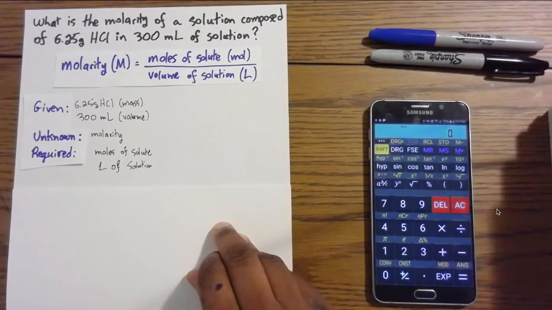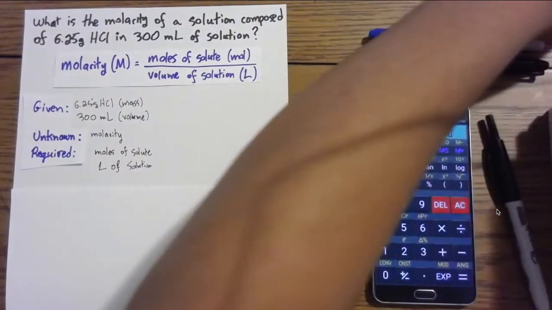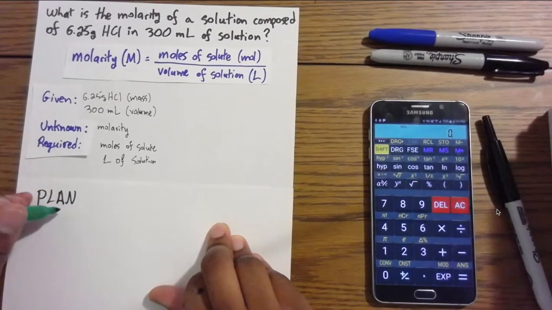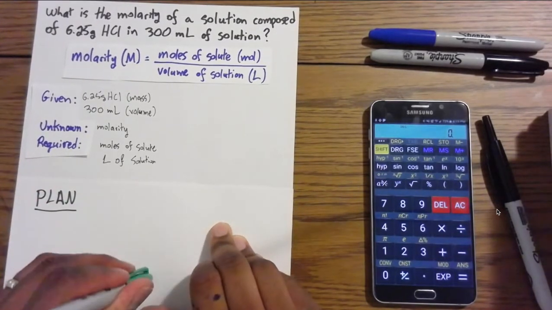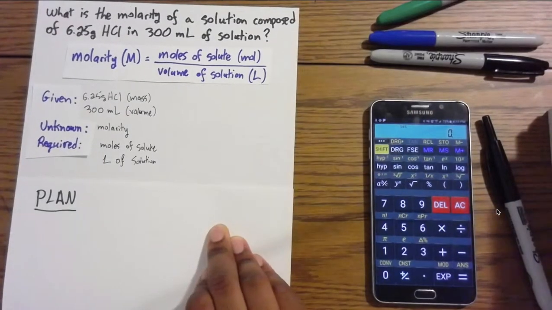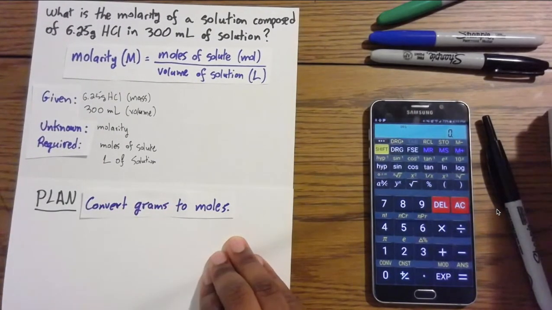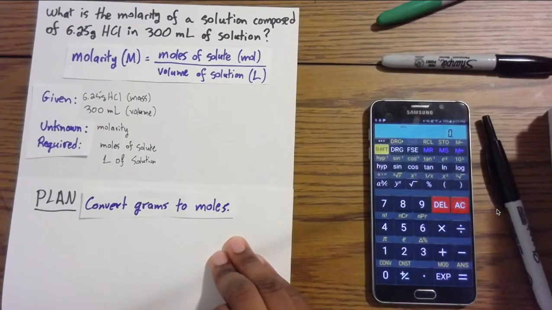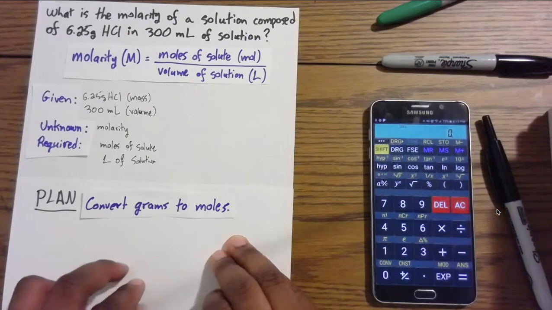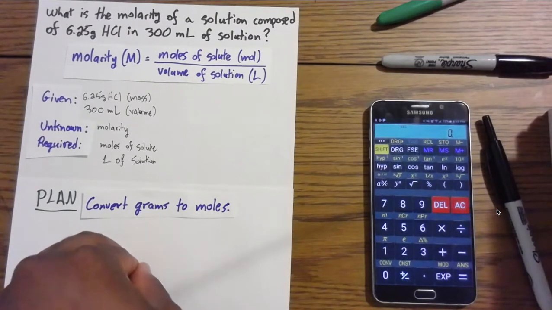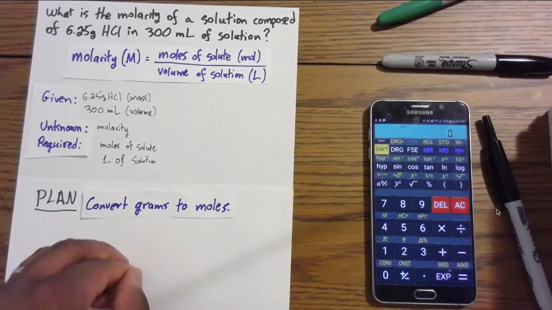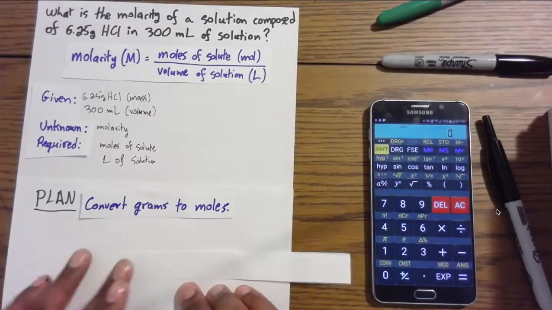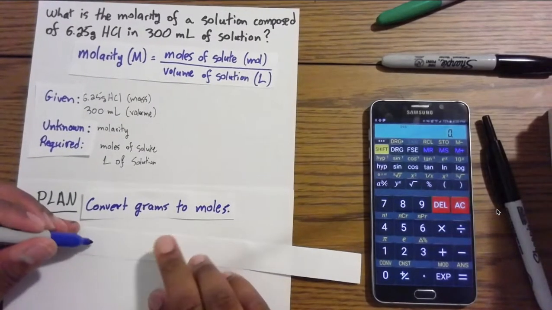And so here's our plan. The first part of our plan is to convert grams to moles. The second part of our plan is to convert milliliters to liters.